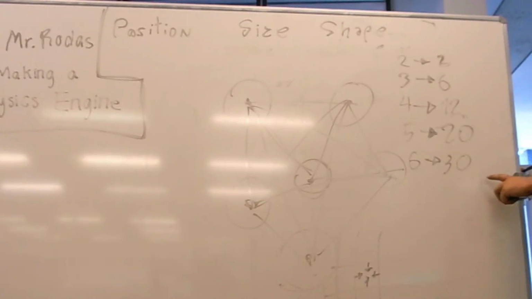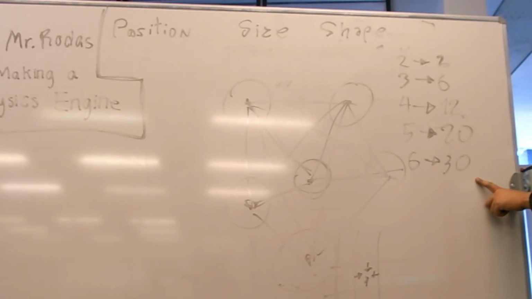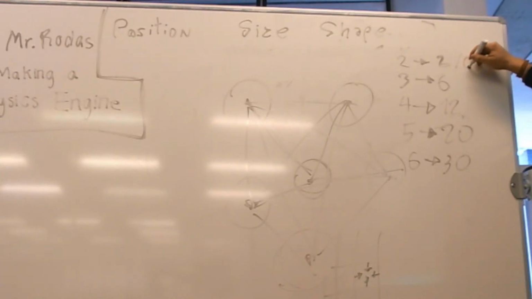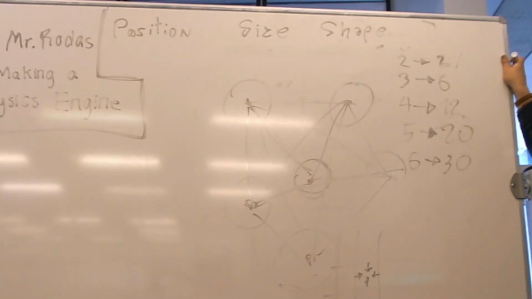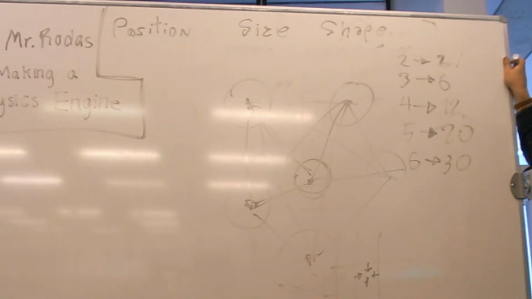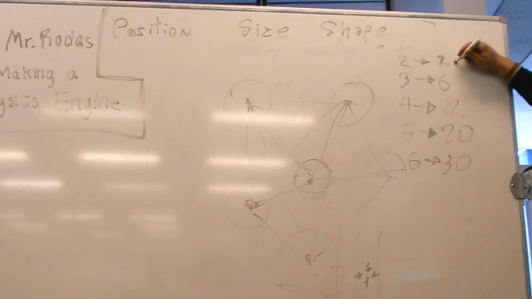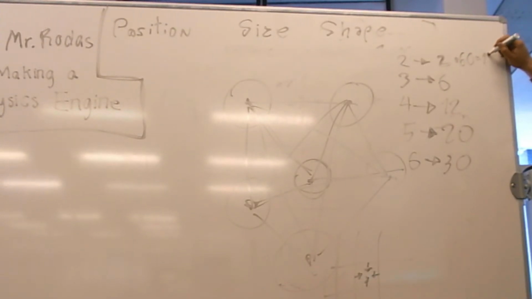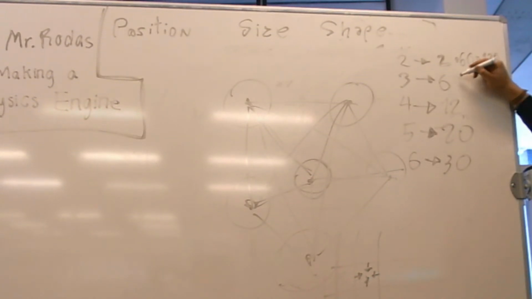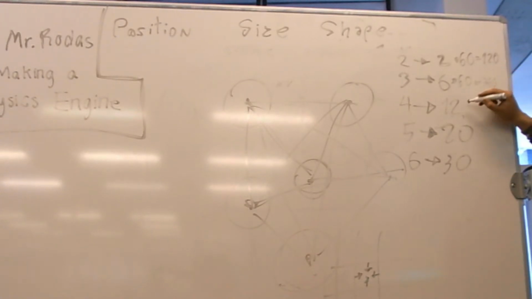Keep in mind that this is happening 60 times every second. So you have to do two calculations a second. Two calculations times 60, so you do 120 calculations every second. Times 60, 360 calculations every second.